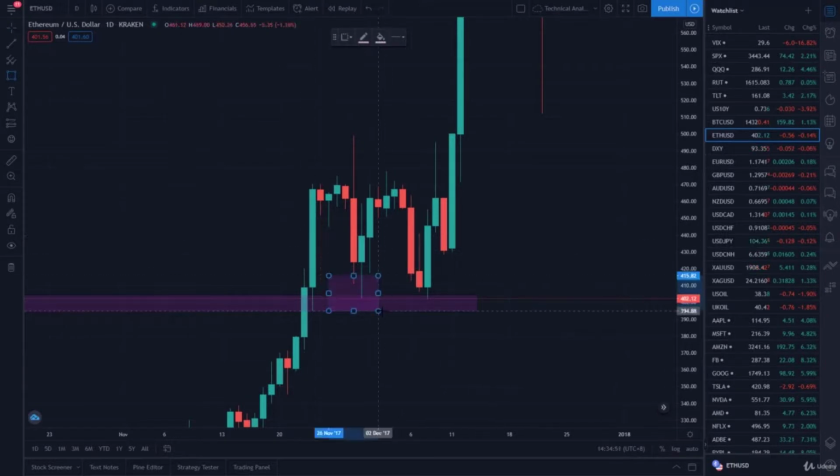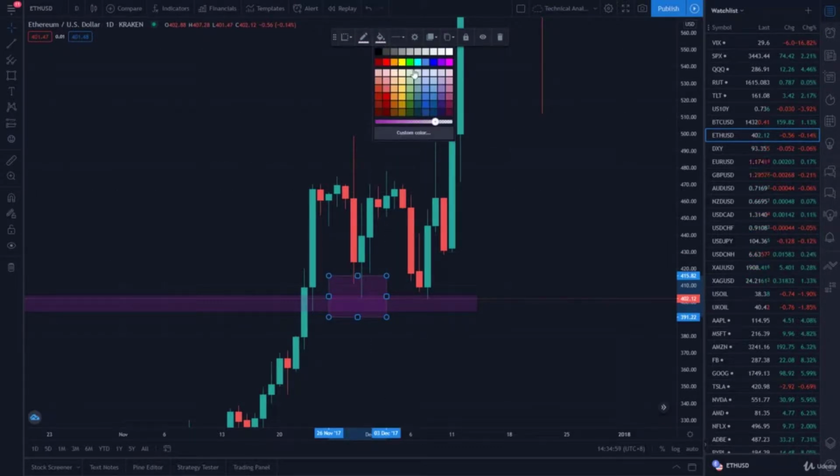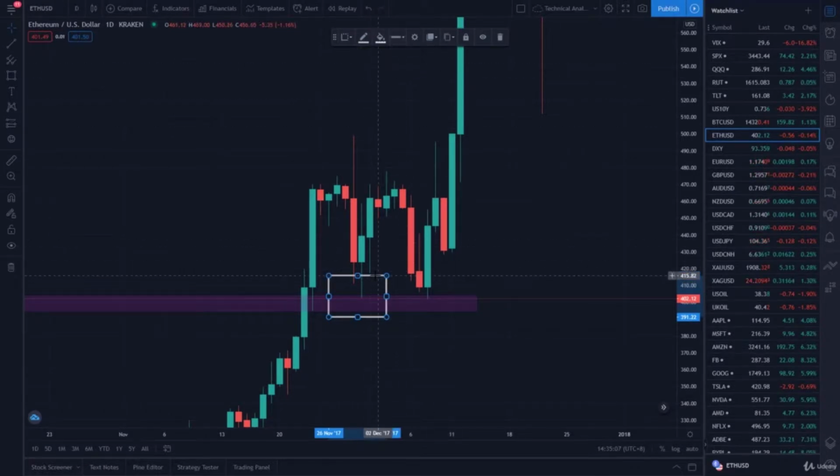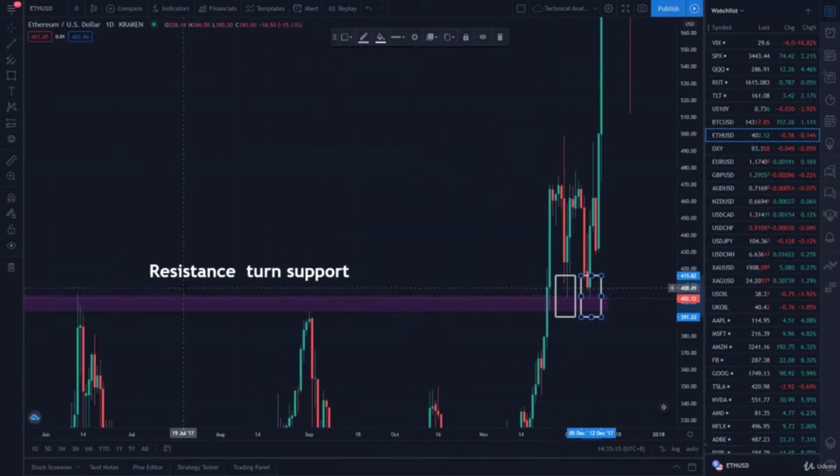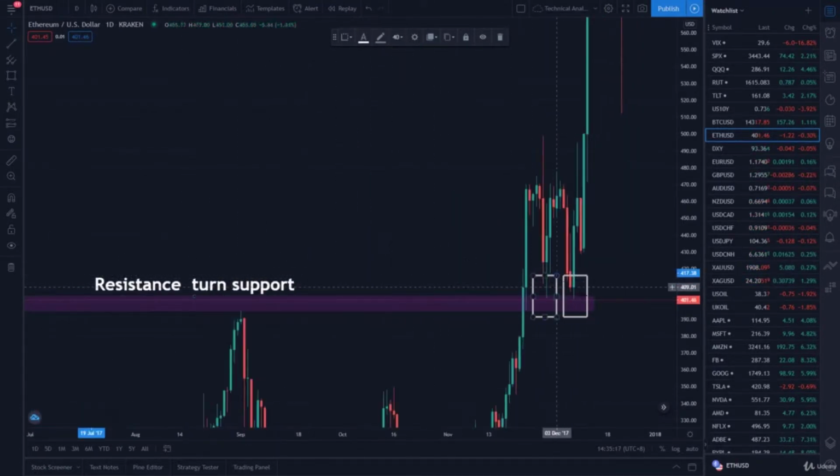If you see this retest here, you see this bounce, there's a wick here, it retouches this resistance turn support, and then it bounces back up. It tested twice, in fact.